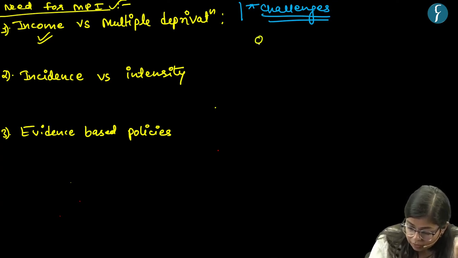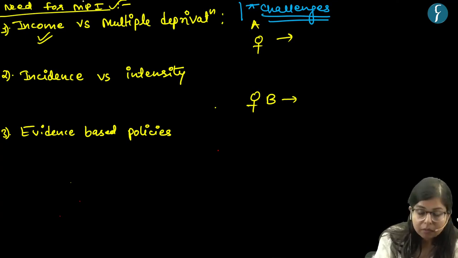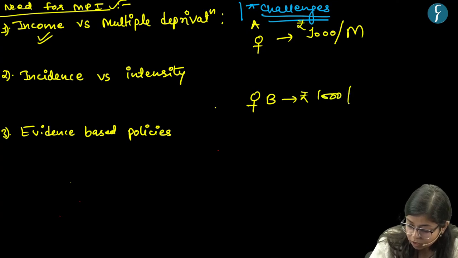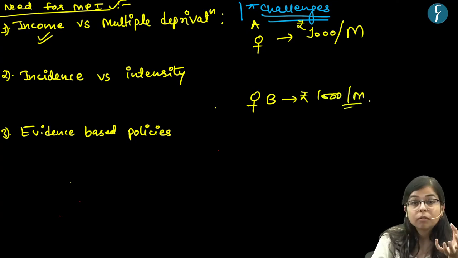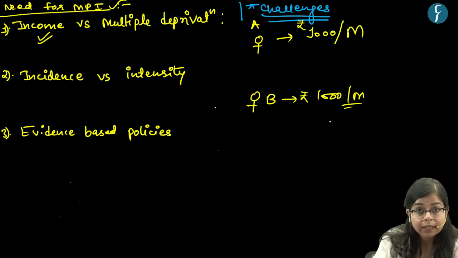Now let's suppose there are two people, person A and person B, right? Suppose both of them are economically deprived. Both of these people have income deprivation, right? Say the person earns rupees 1000 per month, and this person also earns rupees 1000 per month, right? So both of them have equal level of income inequalities, right?